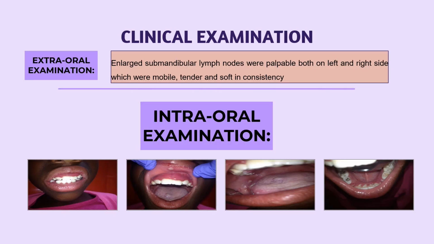Upon extraoral examination, the patient shows enlarged submandibular lymph nodes that were palpable on both left and right sides, which were mobile, tender and soft in consistency.